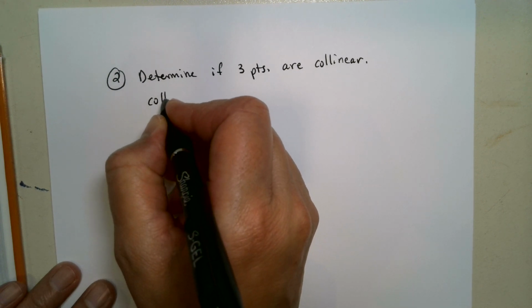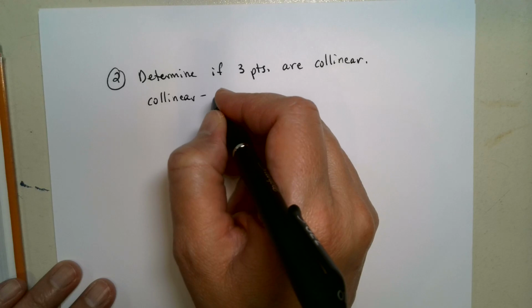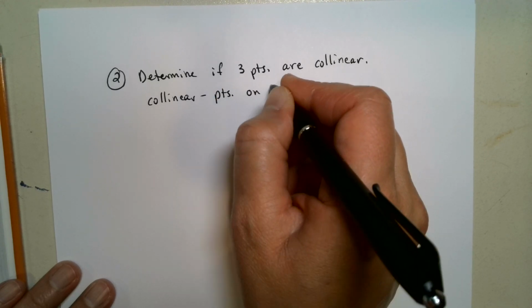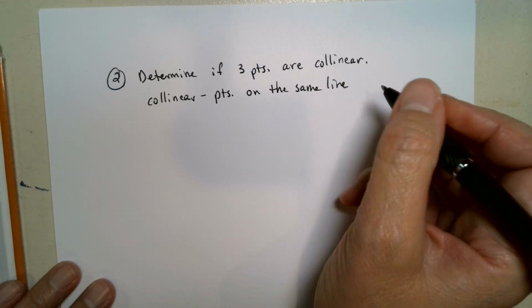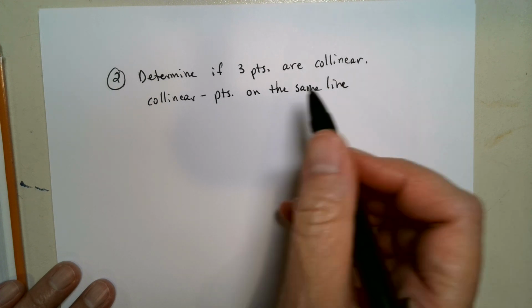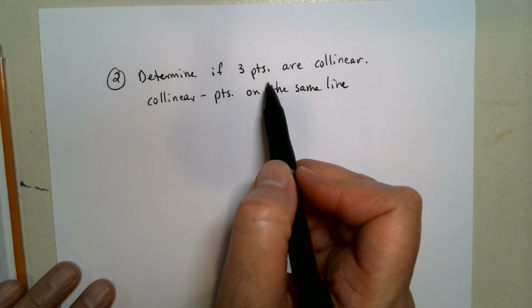And I hope that you would say that collinear means they're points on the same line. Same, linear is line. So they're points on the same line. So we're trying to figure out if we have 3 points that are on the same line.